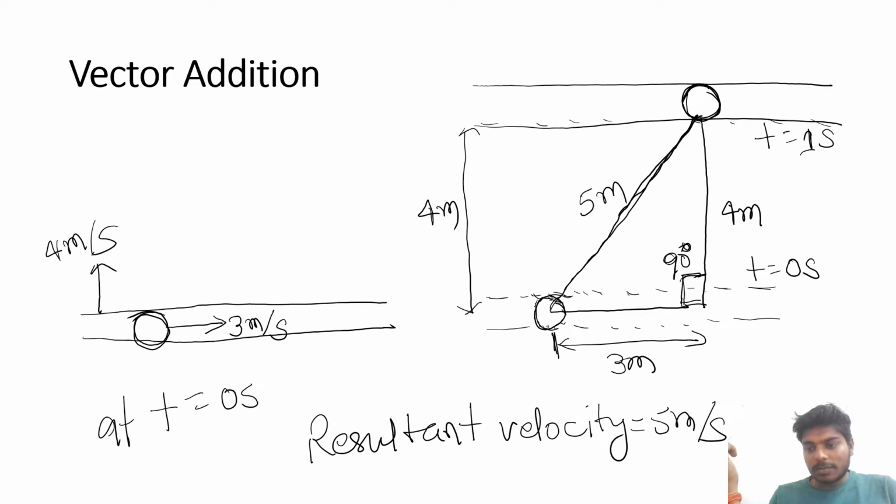So actually, when we define displacement, you must have studied in 11th, this is actually displacement, and when we divide displacement upon time, it gives velocity. That is the resultant velocity. Okay.